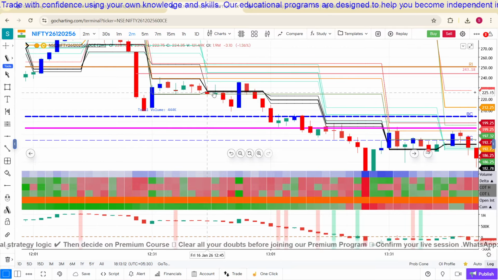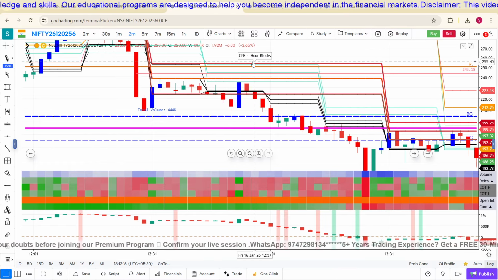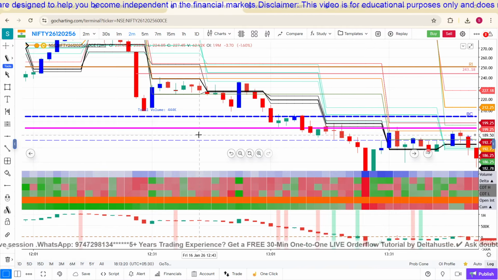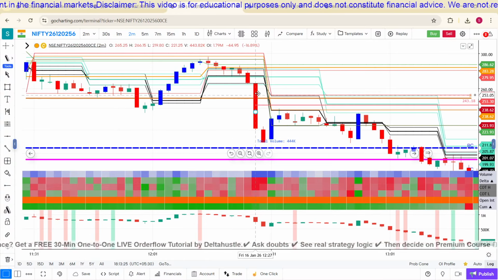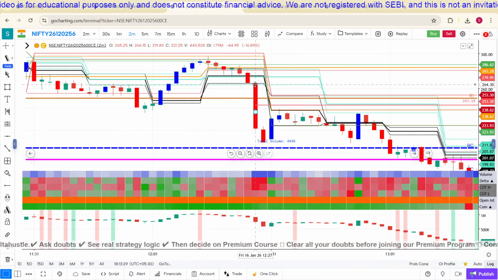When 90 minutes CPR is breaking, then 15 minutes also breaking, then trade. And this is a clear case of short. 15 minutes on the lower side, that lower range already broken here.